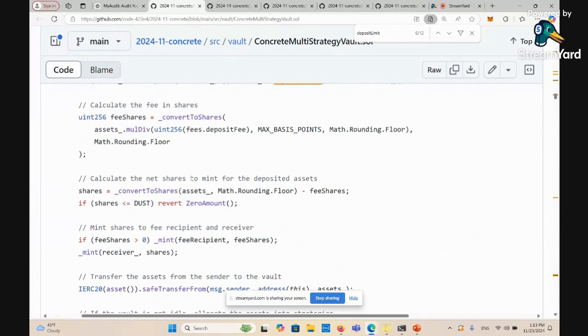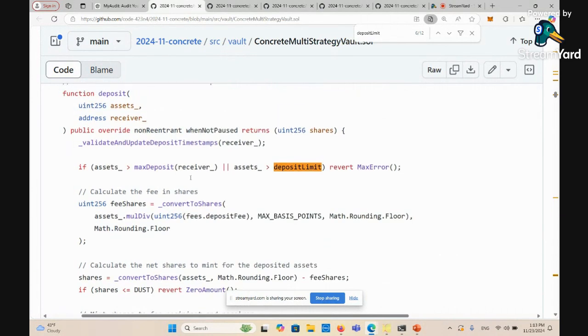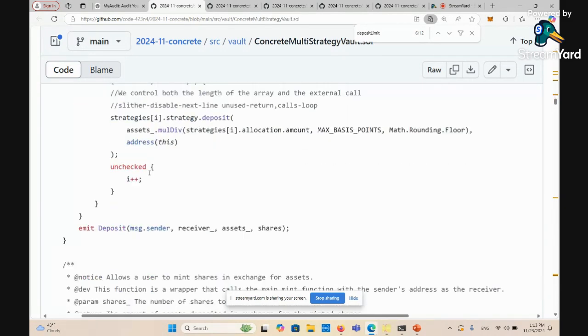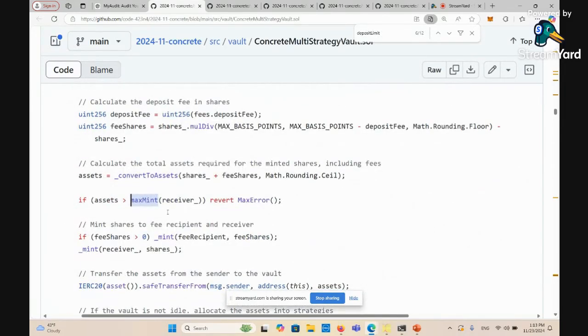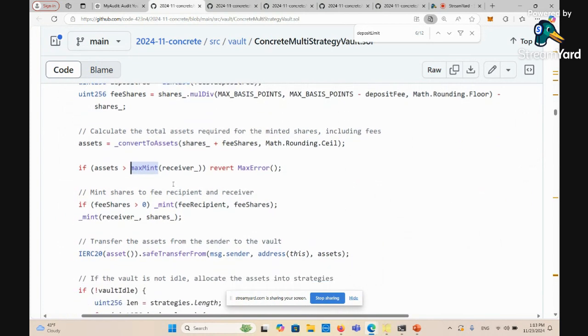Yeah, we are checking deposit limit, and we're also checking max deposit. So max deposit and deposit limit over here should, in my opinion, be the same, but it's slightly different. And I didn't check the deposit limit either, so that might be an omission.